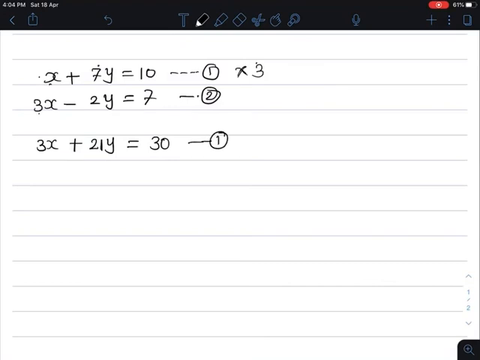I will write this as the modified equation 1. Equation 2 I will write as it is, 3x minus 2y equal to 7. Now the coefficients are the same, but to cancel them they should be opposite. So we have to subtract 2 from 1.